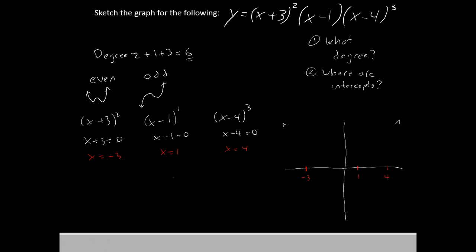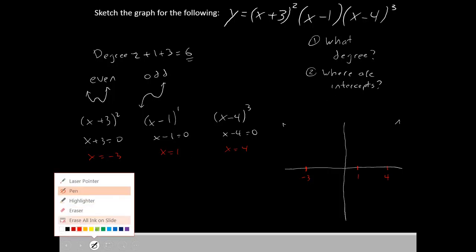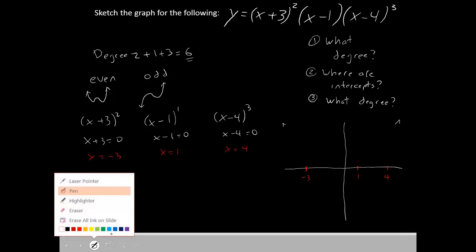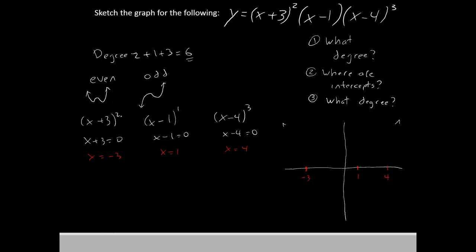We also have to pay attention to what degree they all are. That will be our third step. The degree each piece is will change how it crosses the axis. Alright, so let's have a look. Our first piece is second power.